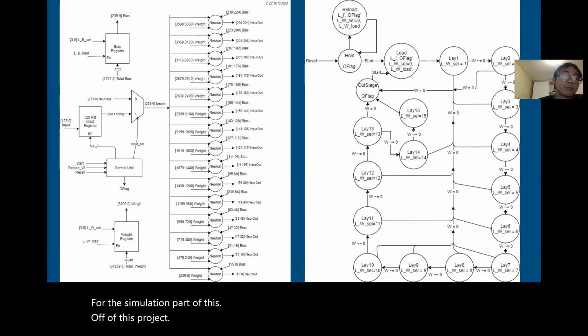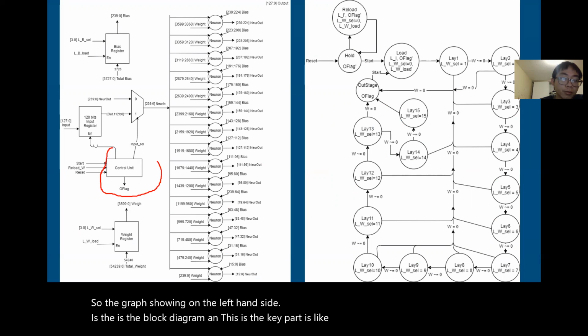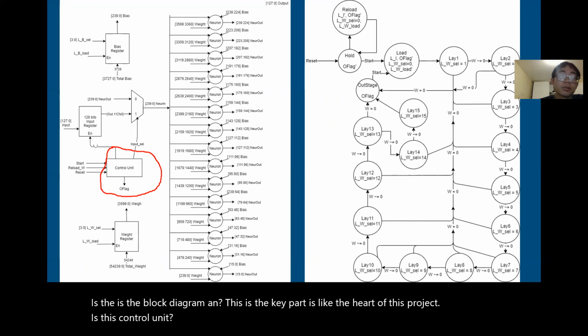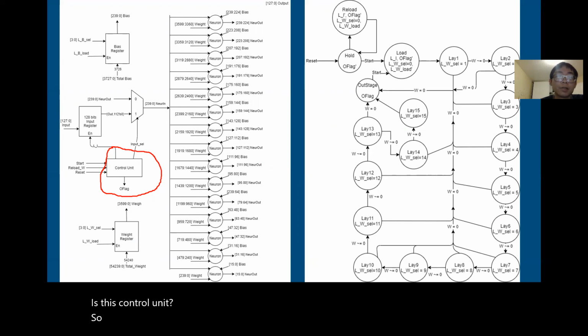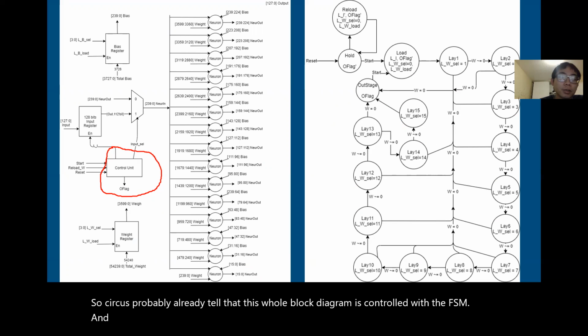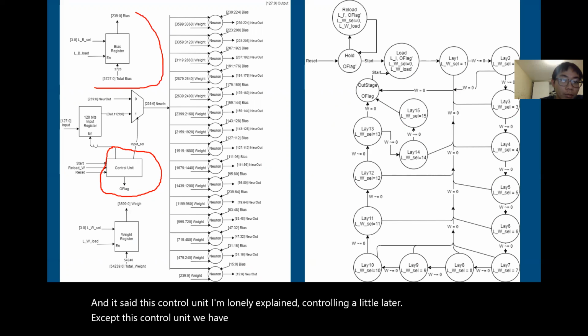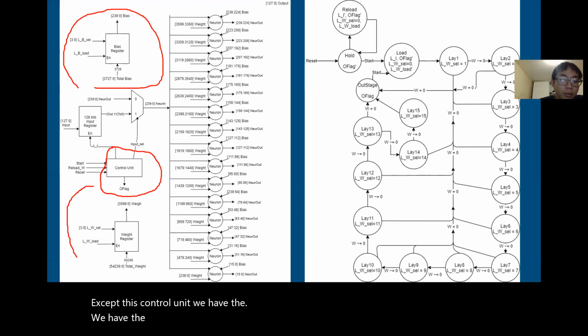The graph on the left-hand side is the block diagram, and this is the key part. It's like the heart of this project: the control unit. As you could probably already tell, this whole block diagram is controlled with an FSM, and I'm going to explain the control unit a little bit later. Except for this control unit, we have the bias register and the weight register.